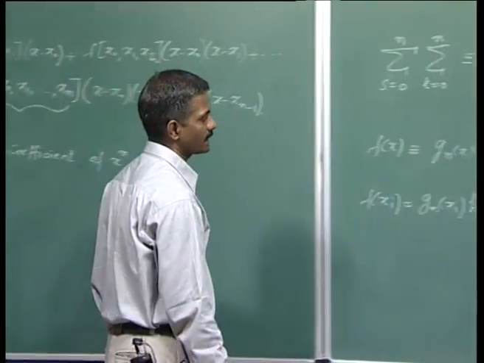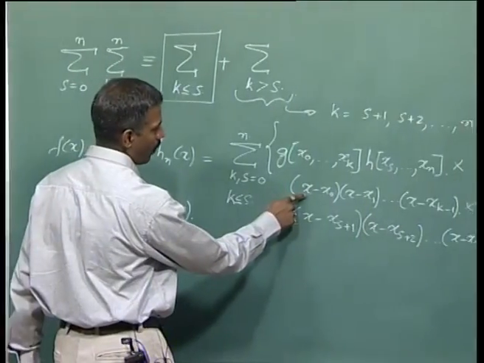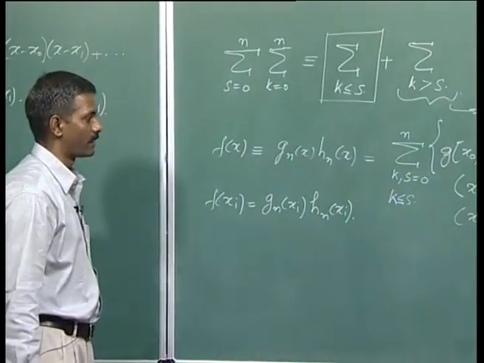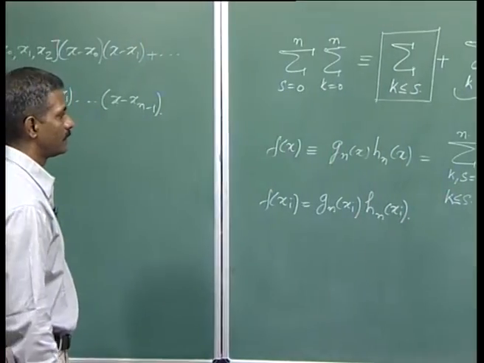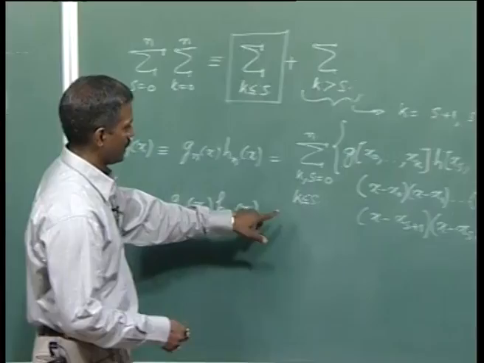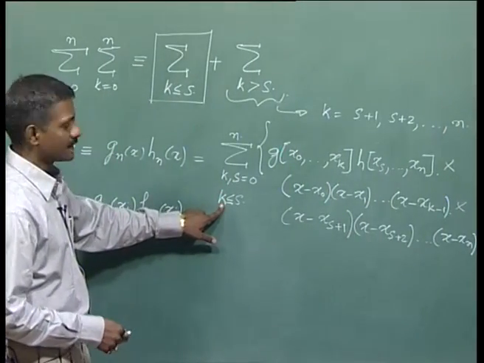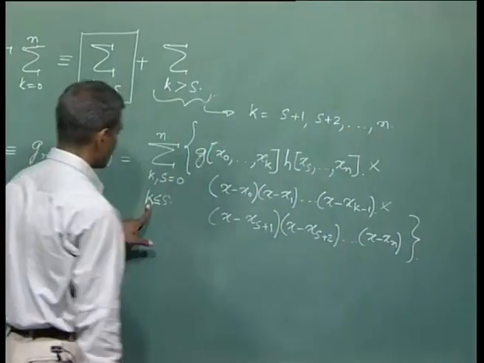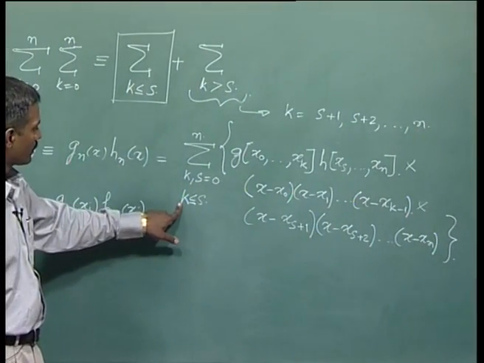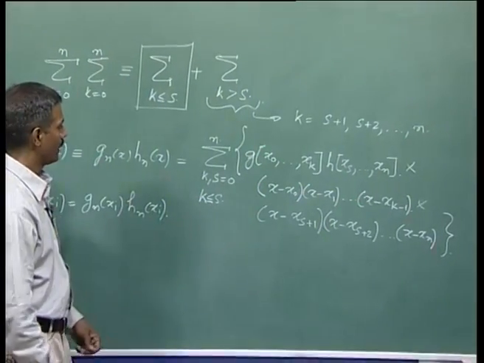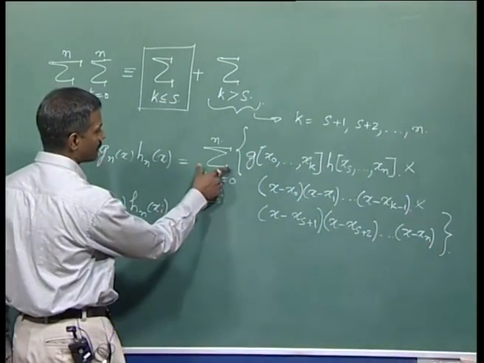Let us try to extract all the coefficients corresponding to x raised to n from here. Remember that we will get the degree n for this expression only for values of k equals s. And also remember that this is a double summation.